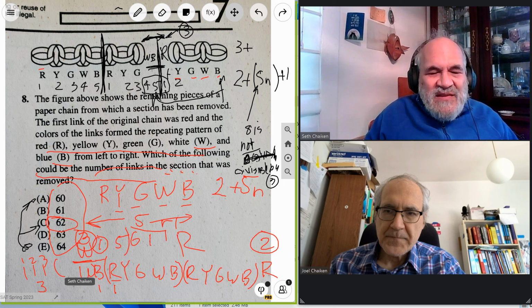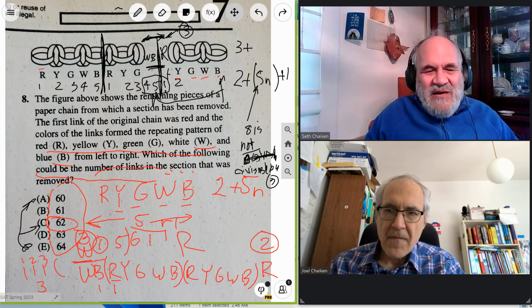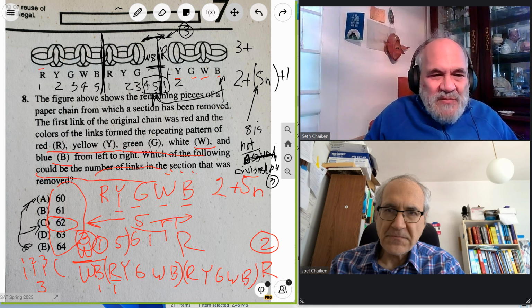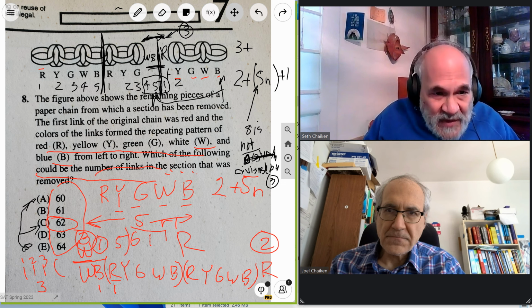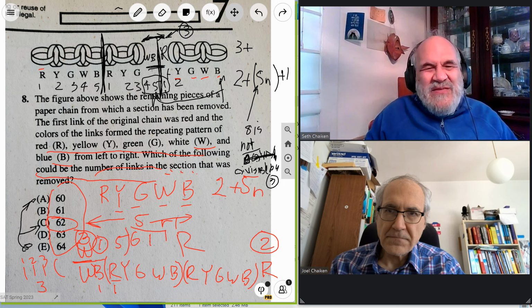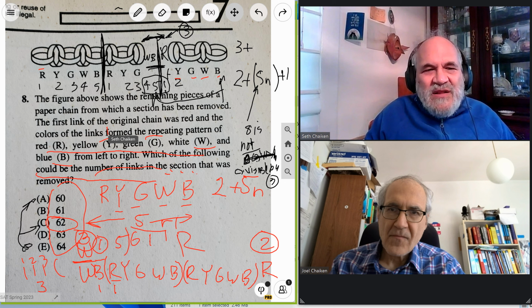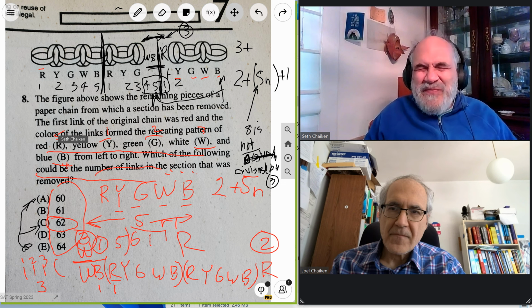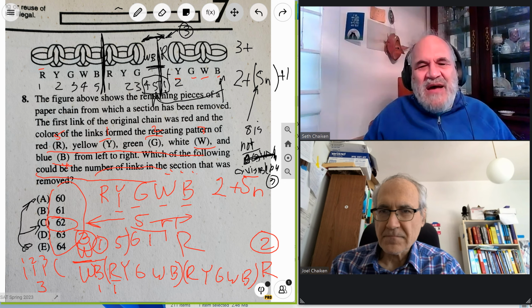And then in between, there's a sequence of what comes after R's. The sequence that comes after R's is yellow, green, one yellow, two green, three white, four blue, five red. So I made a mistake about the two.